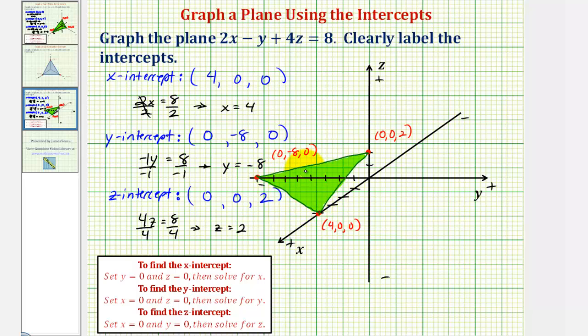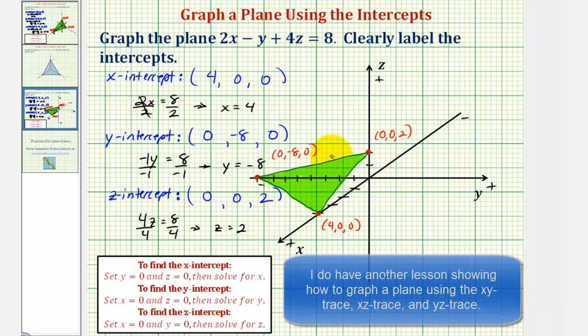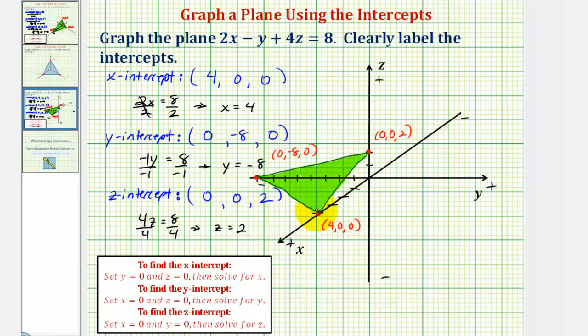This would be the graph of the given plane using the intercepts. Another way to graph this plane would be to find the xy, xz, and yz trace, which would give us these 3 lines where the plane cuts the xy, xz, and yz planes. I hope you found this helpful.